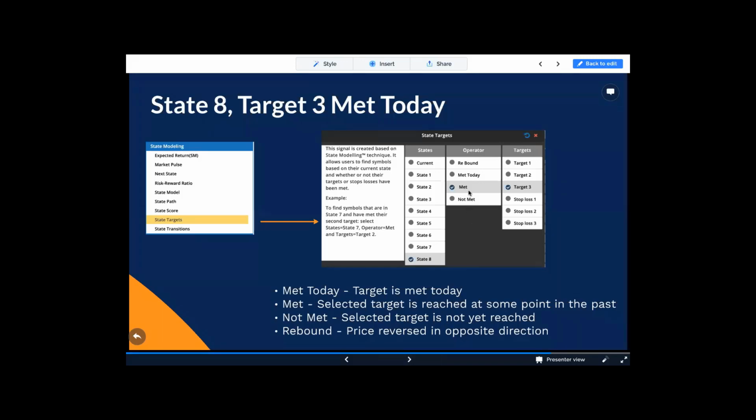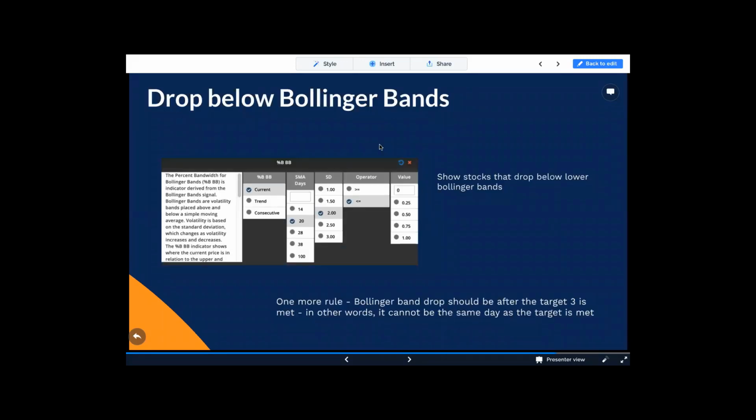So the only change is I want that to be met, and after meeting that one, I would want a Bollinger Band drop. I would want the market to drop the stock much more than what it should have dropped. One standard deviation drop usually happens less than 35% of the times.